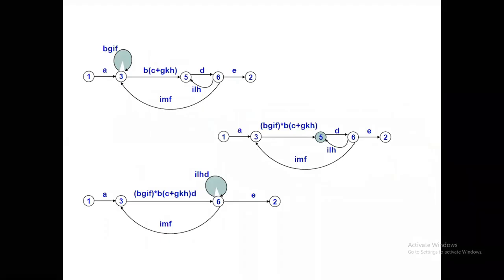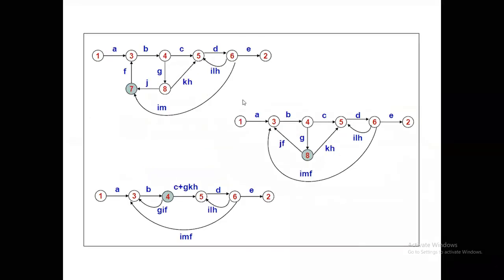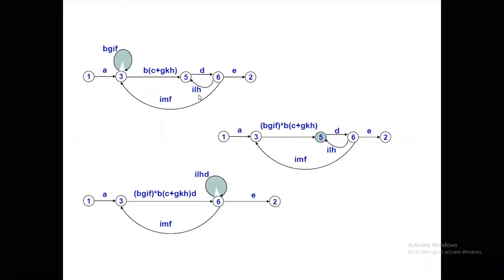In the next iteration, we select node 4. Now 4 will be removed. How can we remove this? After removing this, we have G, I, F, and to 3 we write B plus G, I, F. Okay, if we remove this, now the graph is like this.